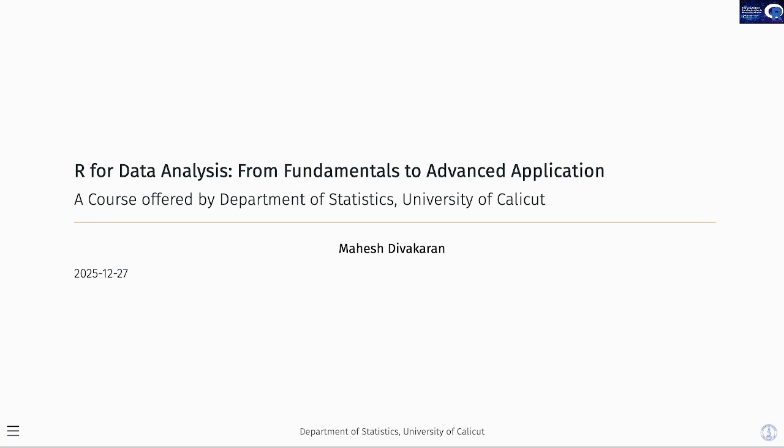Now, data structures in R: vector, list, matrix, and data frame. We have already discussed these are the different types of data structures in R. Vectors are the most basic data structure in R. They are a one-dimensional array that can hold numeric data, character data, or logical data.